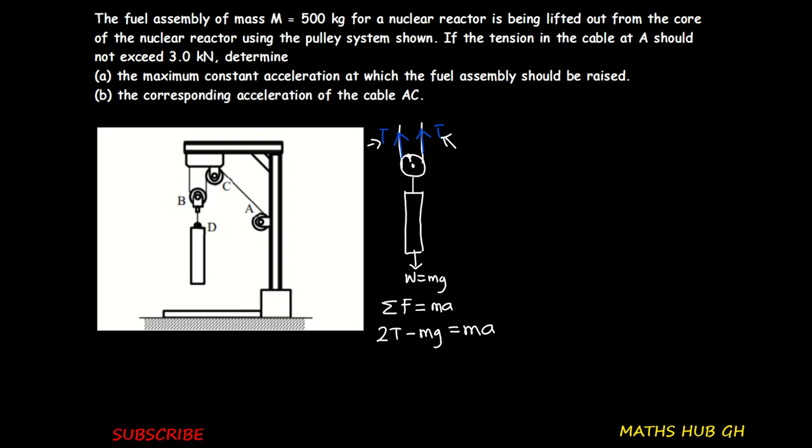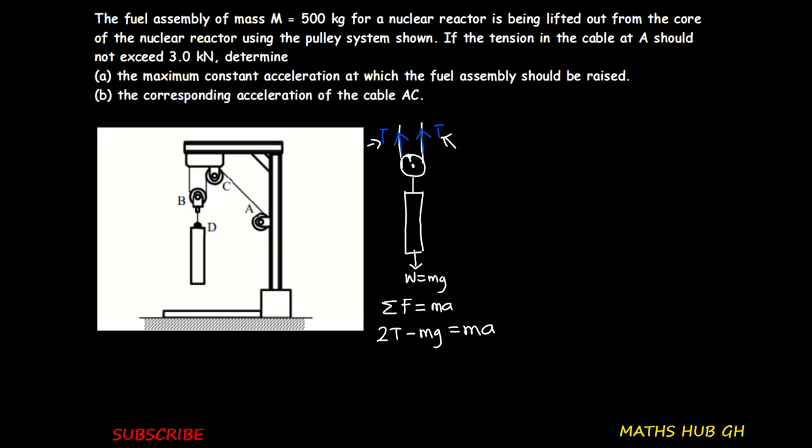Now we've been told that the tension in the cable at A should not exceed 3 kN. That means that the maximum tension in the cable should be 3 kN. And since we want to find the maximum acceleration, we will have to use the maximum tension.